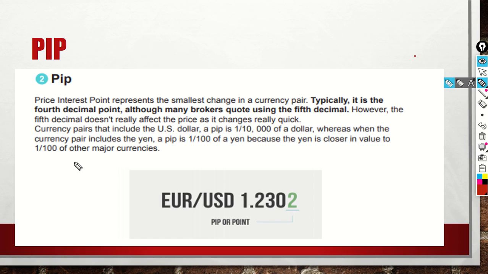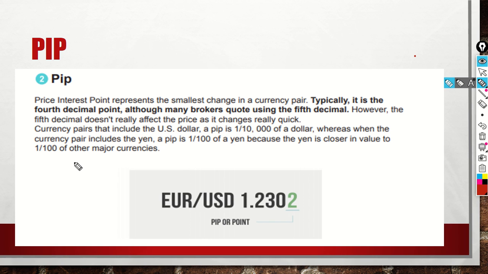Okay, like I said, there is a fraction of a pip. We don't consider that. Let's leave it like that. The fifth decimal after the comma, if your platform offers you that. So typically it is the fourth decimal point, although many brokers quote using the fifth decimal.